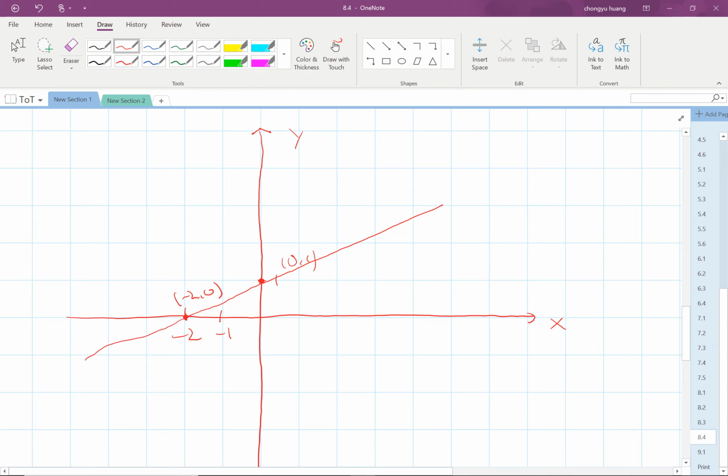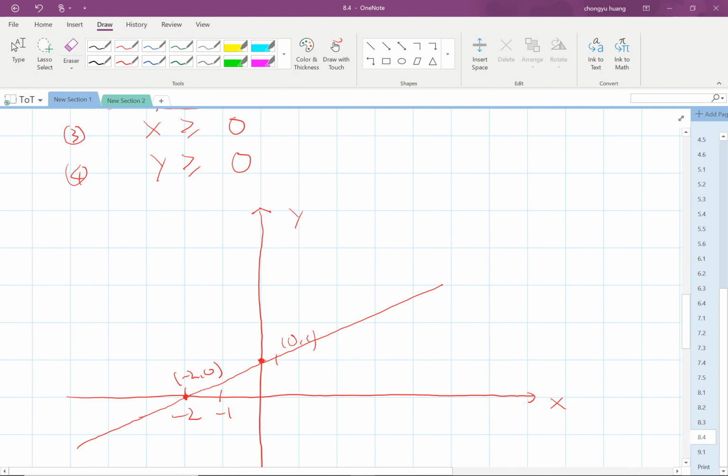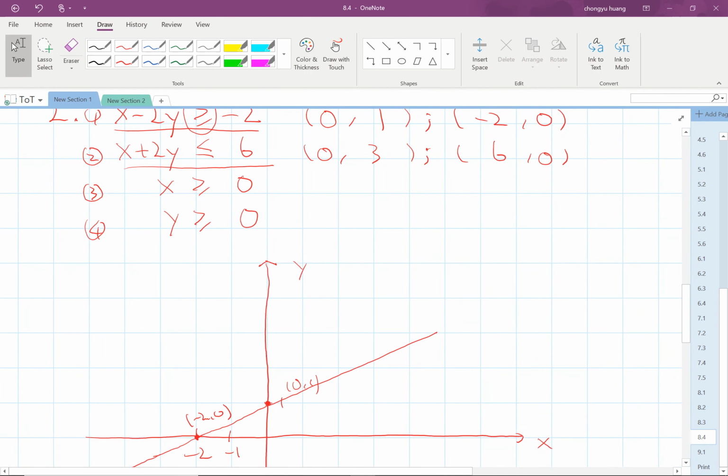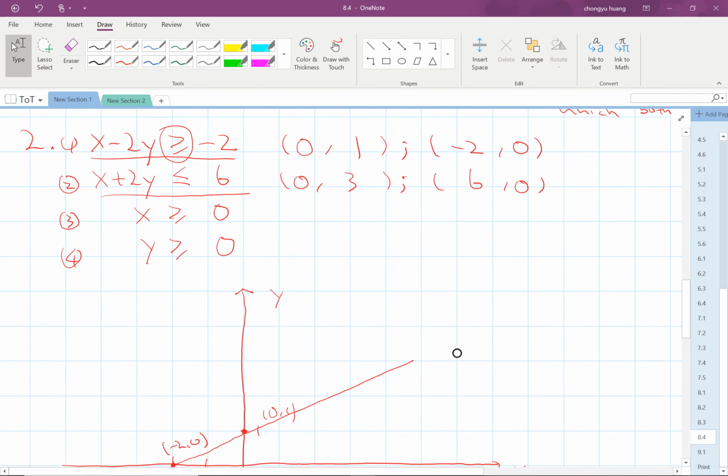Oh no, this is a little bit wrong. We finished drawing this line. Let me write it down: x minus 2y bigger than or equal to -2.